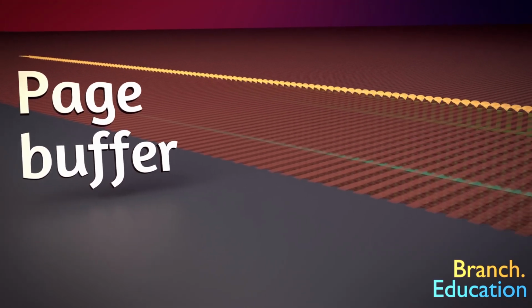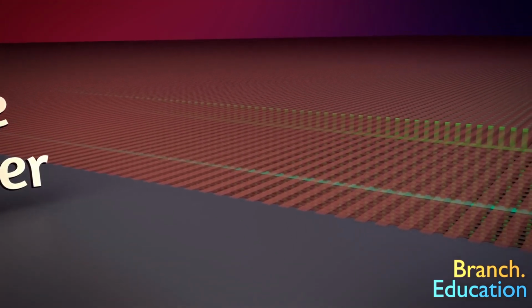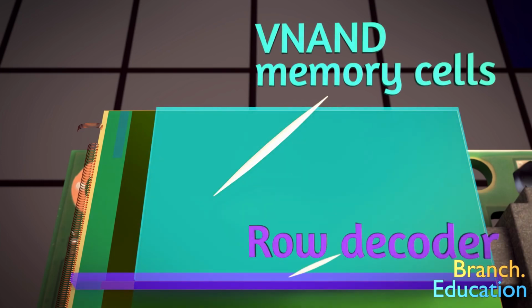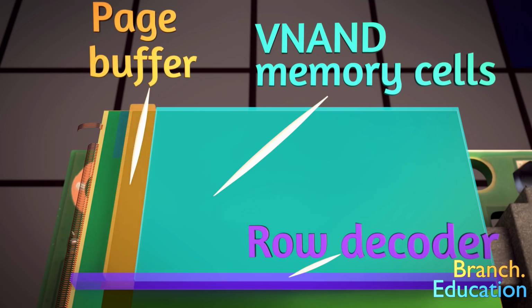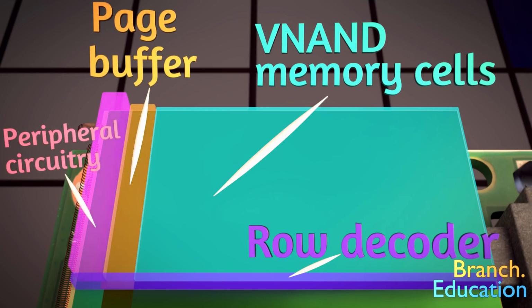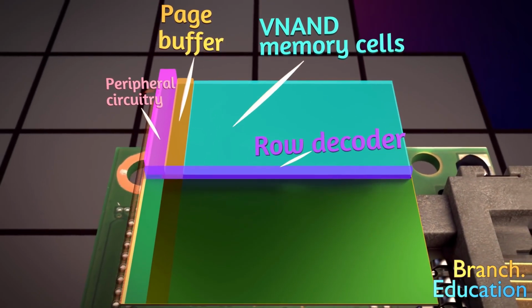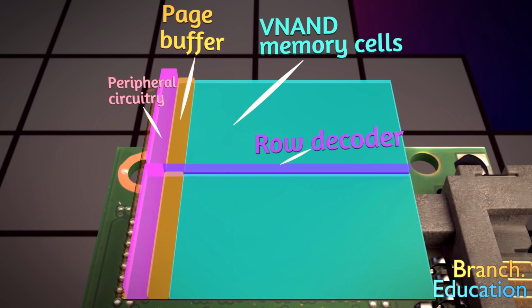Let's transition to see what an overall chip might look like. Here we have the arrays of 3D memory cells, the row decoder, and the page buffer at the bottom. Additional peripheral circuitry can be found here for supporting the chip. In order to fit more capacity, engineers copied this layout onto the other side.